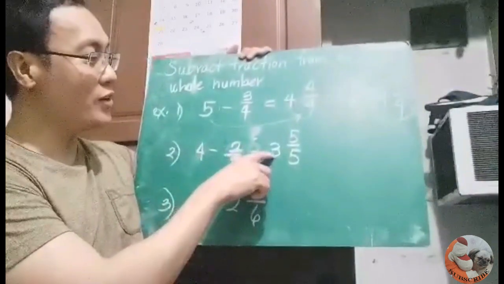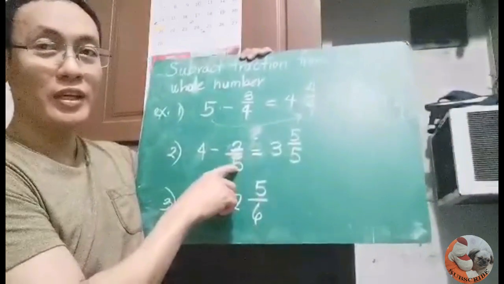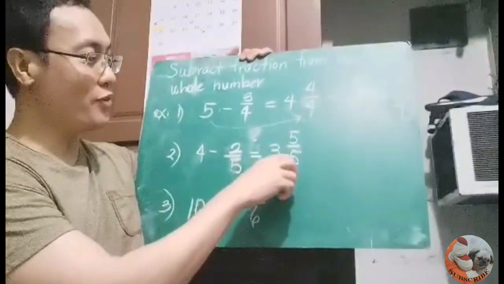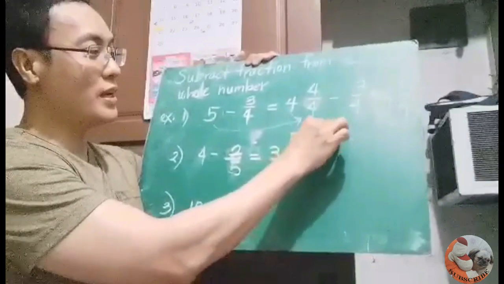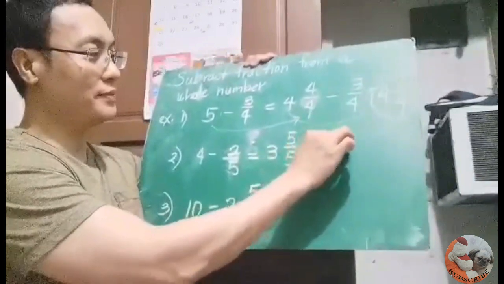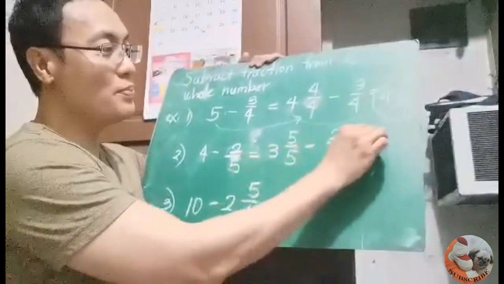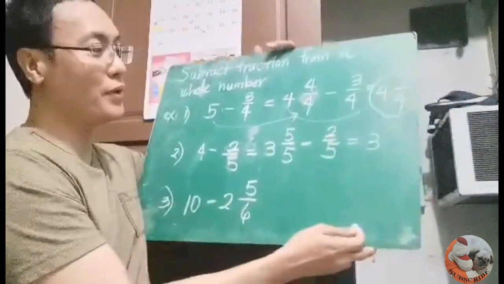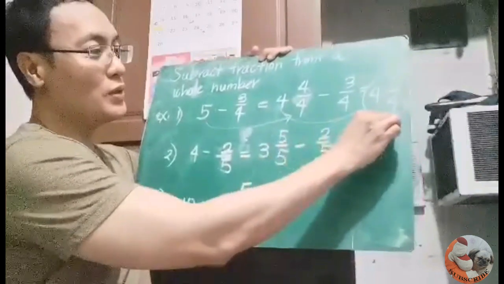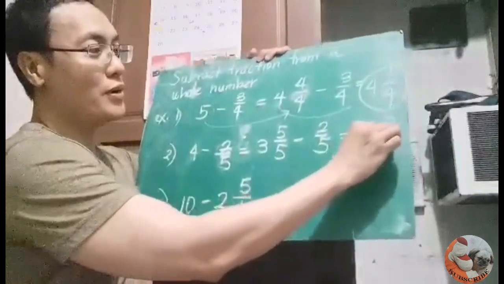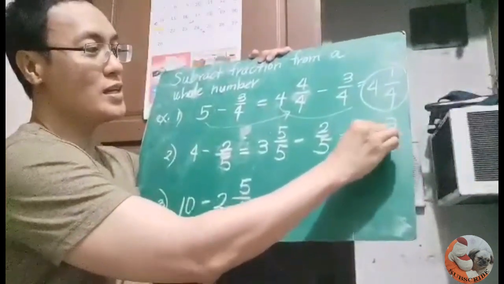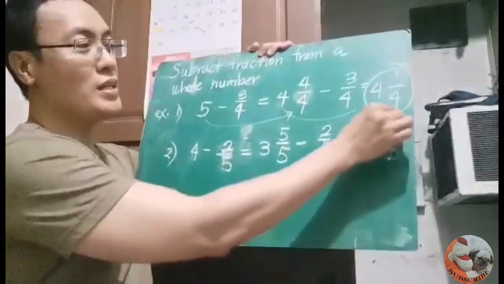Para magkaroon ng fraction, kung ano yung denominator, yun ang kanyang magiging fraction, 5 over 5. And then, para masubtract na natin yung 2/5. Okay. So, put 3 here as your whole number. 5 minus 2 is equal to 3 over 5. So, the answer is 3 and 3/5.